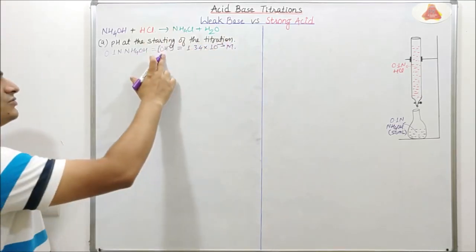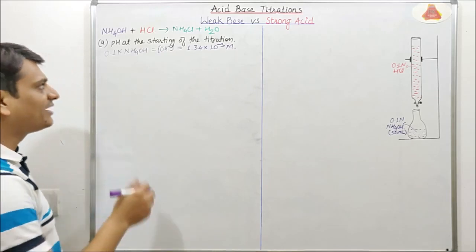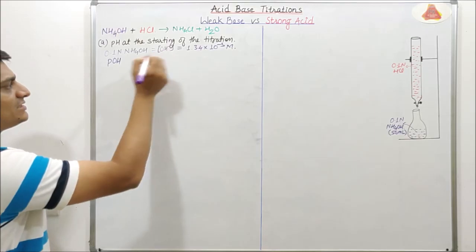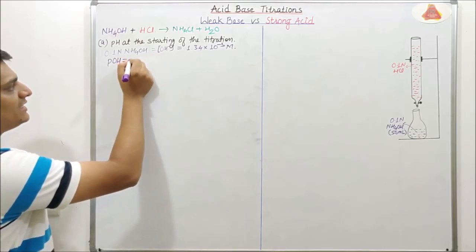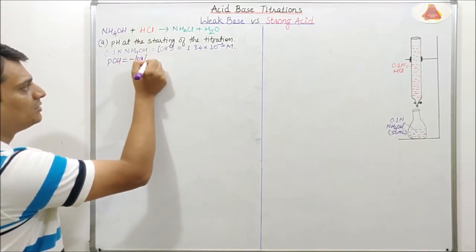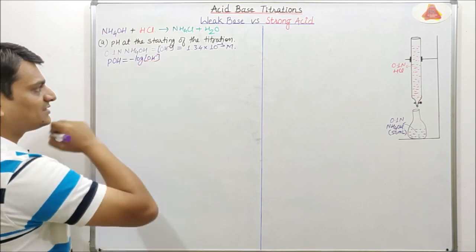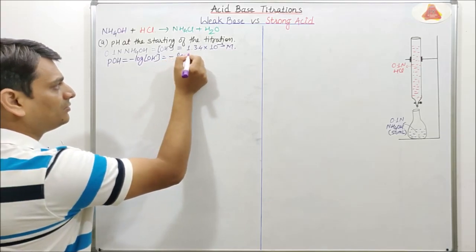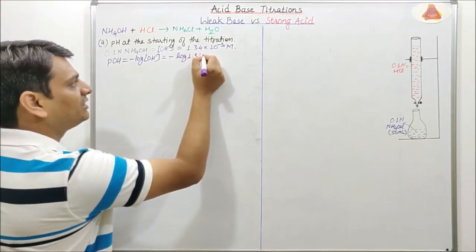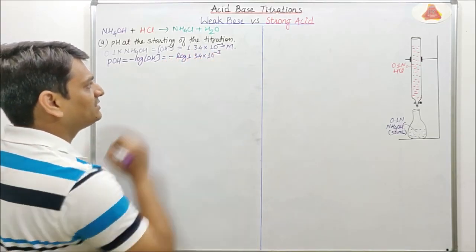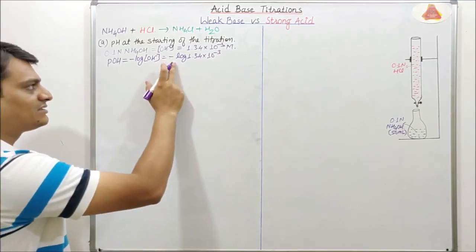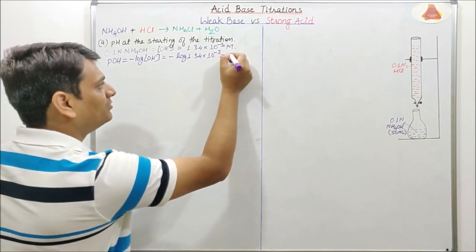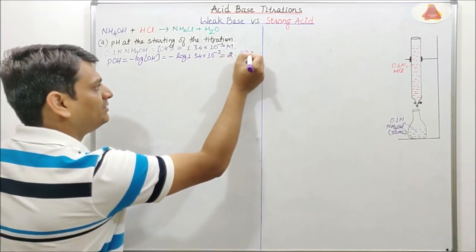Now by using this OH minus ion concentration we can calculate the pH value. First we calculate the pOH for this OH minus ion. pOH is equal to minus log concentration of OH minus ion, so it is equal to minus log 1.34 into 10 to the power minus 3. When we solve this, it is equal to 2.8729.